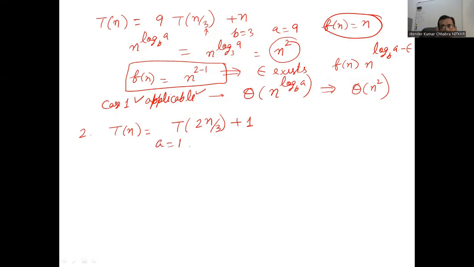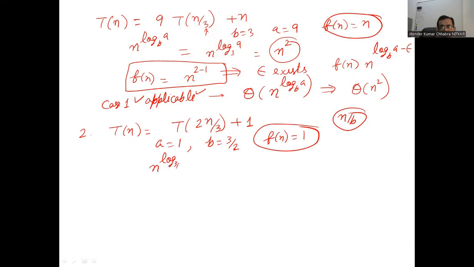So a is equal to 1, and b is effectively 3/2, because 2/3 is in the numerator, so n/b means b will be 3/2, and f(n) is guaranteed to be 1. Calculate n power log_b a, that is n power log base 3/2 of 1.